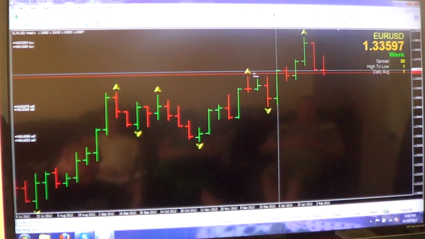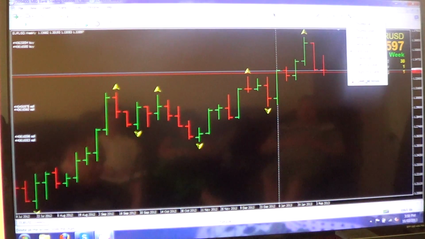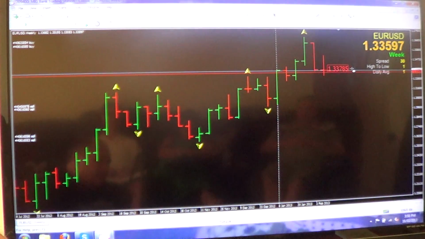I'd leave a bit of a fudge factor, 20, 30 pips, something like that. So roughly you'd come in 30 pips or so below the low of the previous candle. So there's where you're likely to put your pending orders in.